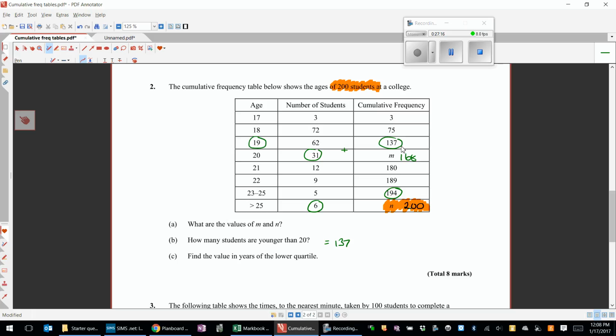Okay. Find the value in years of the lower quartile. Now, did you type it into your calculator? Yeah? Which is fine. Did anyone use a different method? No? Well, just to say then, do you remember we did our box and whisker plots, which we're going to do in conjunction?